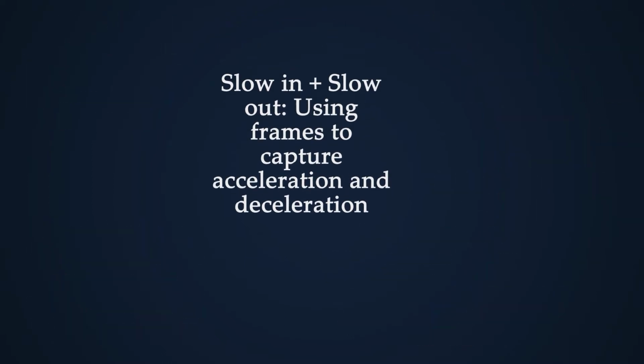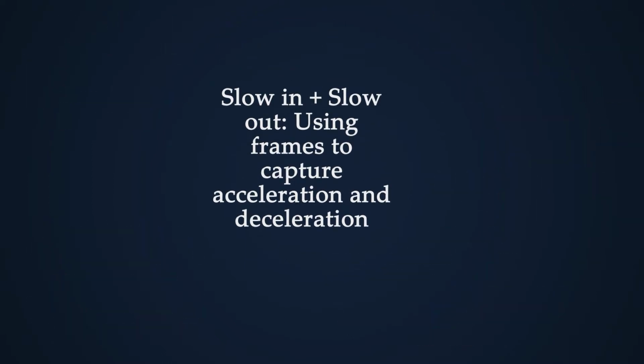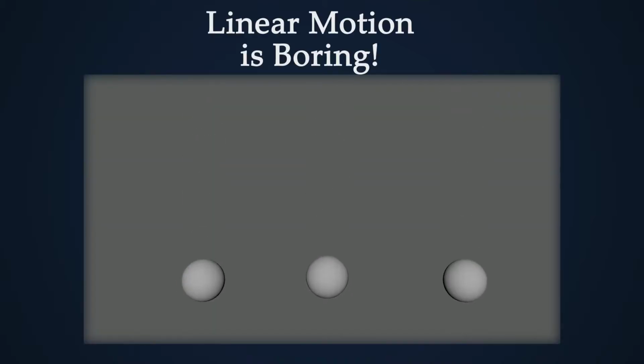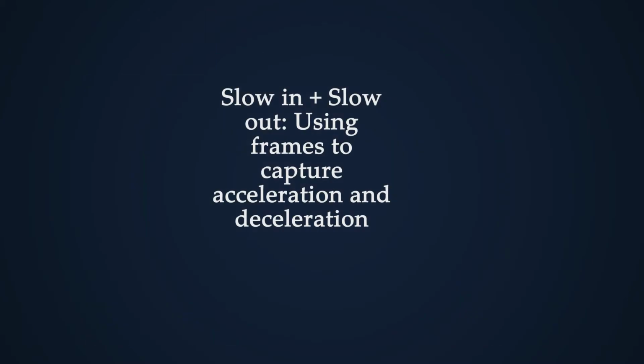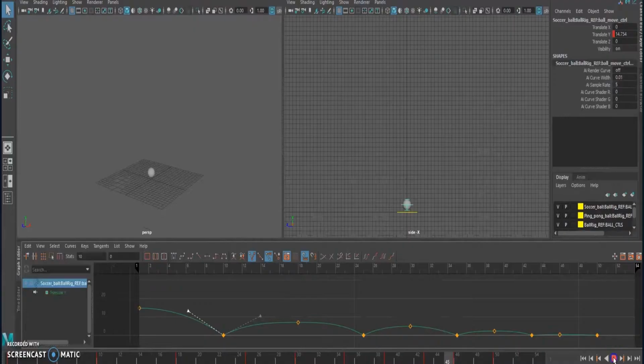Know that motion tends to happen with acceleration and deceleration, which is good because audiences also find that motion without slow ins and slow outs is very boring, which is why both 2D and 3D animators have ways of applying this.